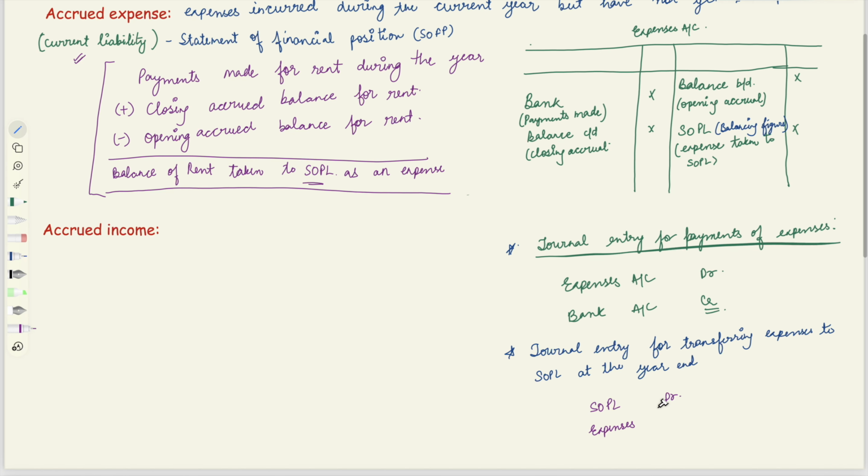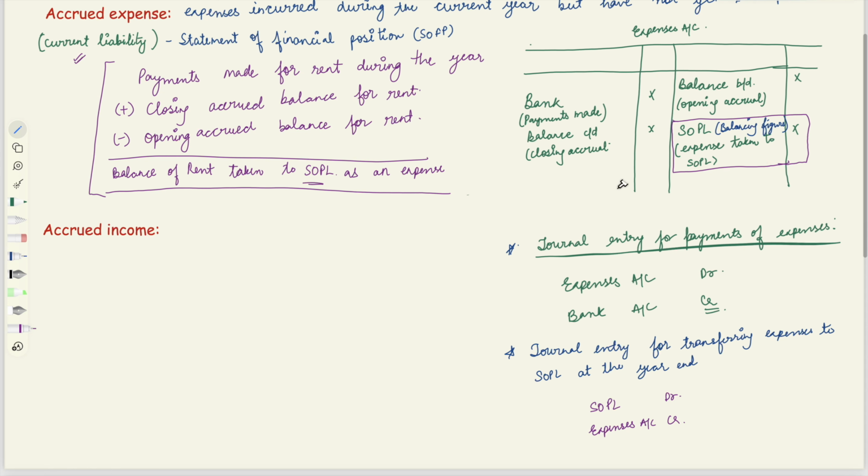See, whenever any expense is transferred from the ledger accounts to statement of profit or loss, statement of profit or loss is always debited, and opposite is for incomes. In terms of income, statement of profit or loss is always credited. As you can see, the expenses account is being credited here, right? So this is the balance of expense I'm going to take to my statement of profit or loss. And this is going to be the balancing figure of all these balances.